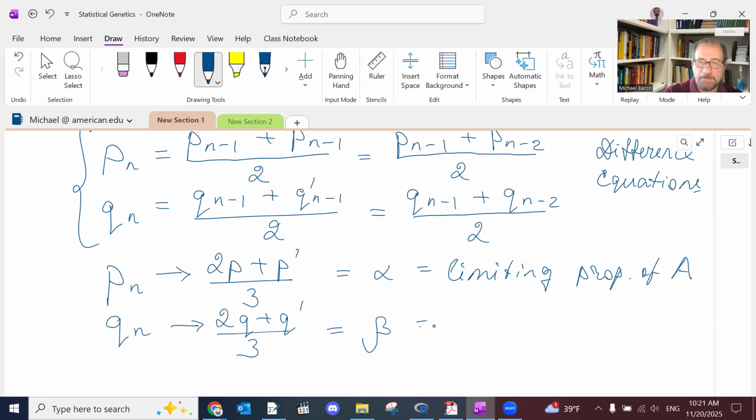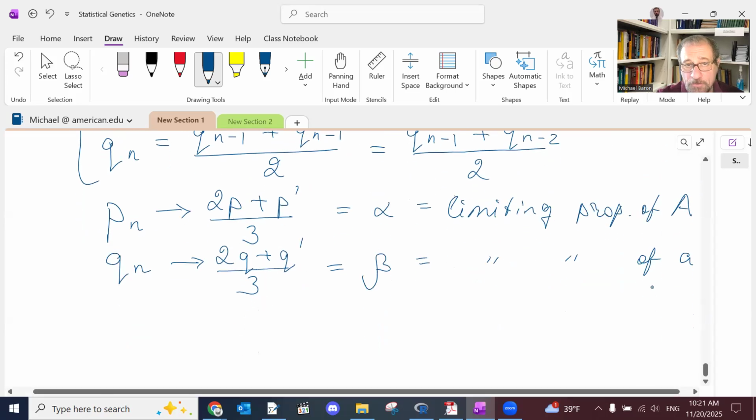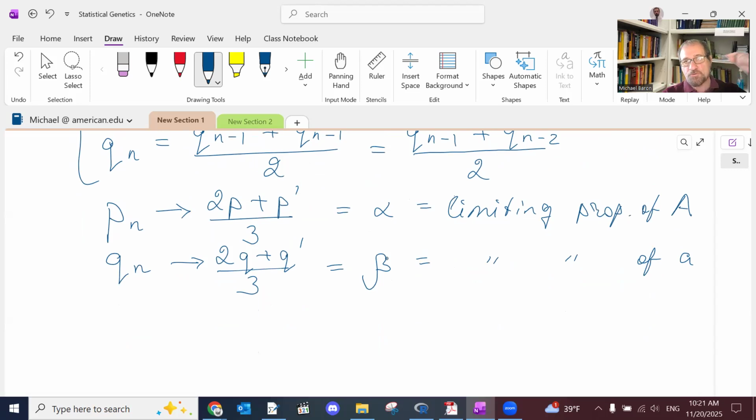Let's call it beta, limiting proportion of recessive genes for the female population, but these same proportions will be passed further to the next generation of males, right? The males have the same proportion with the lag of one generation.